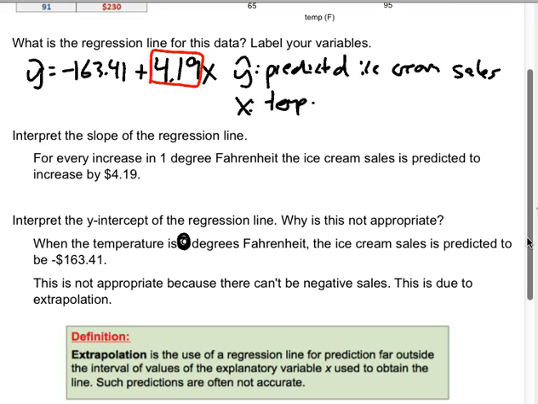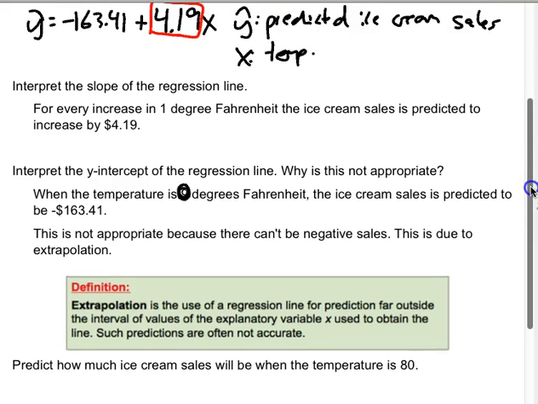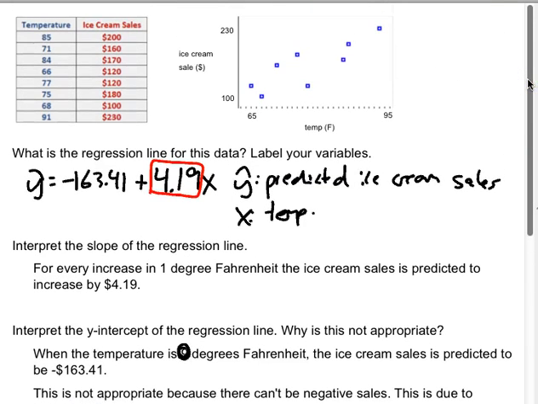So what is extrapolation? Well, extrapolation is the use of a regression line for a prediction far outside the interval of values of the explanatory variable. So what does that mean? Well, look at all of my values for x. They are nowhere near 0.